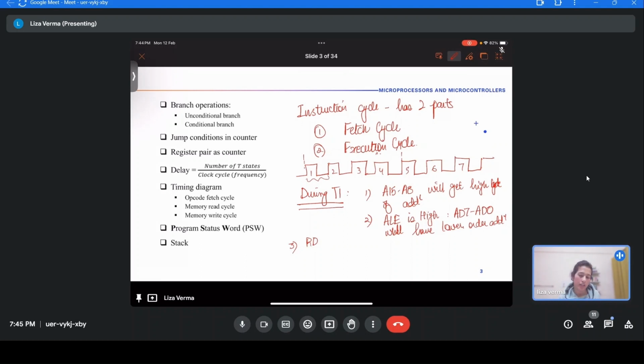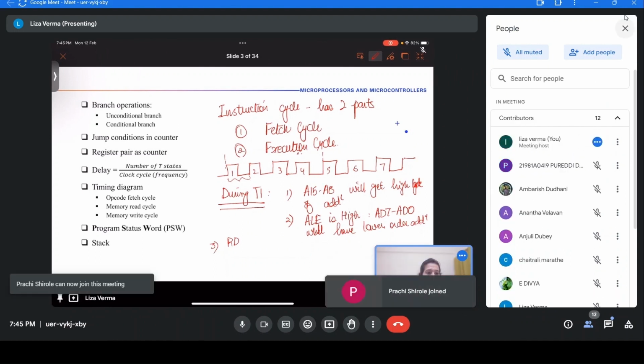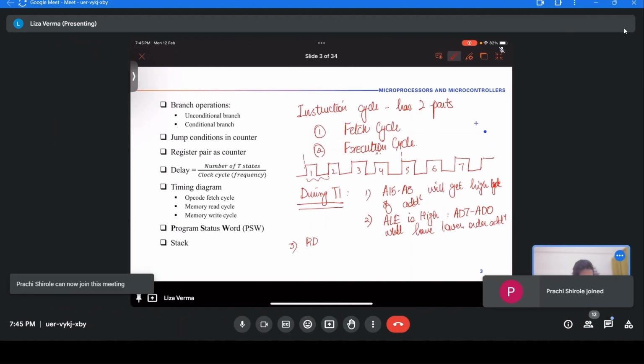So the microprocessor will only read if this read signal is low.